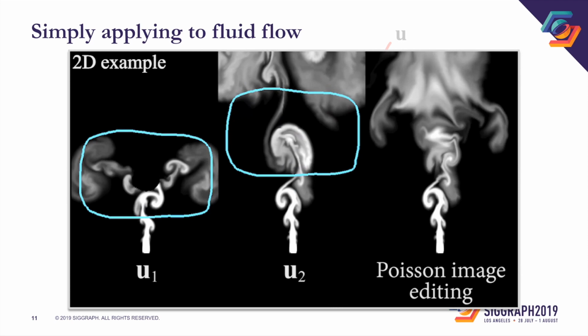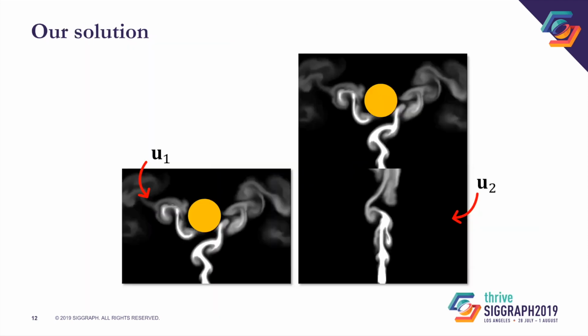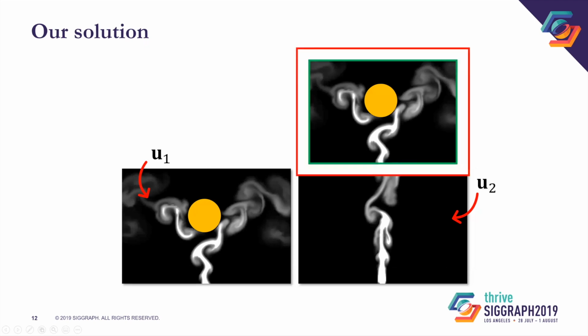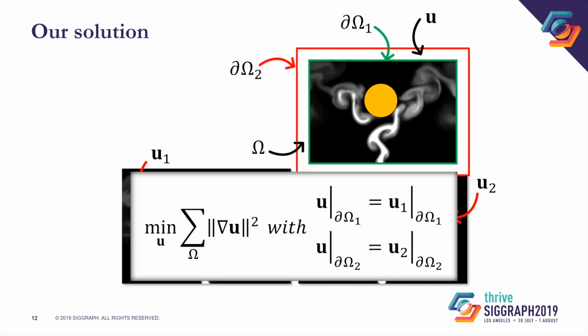Our solution is very simple. Instead of modifying the velocity inside the copied region, we assume the boundary region indicated by this white region, and we modify the velocity inside the boundary region only by solving a slightly different minimization problem.